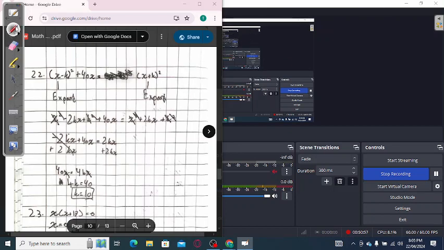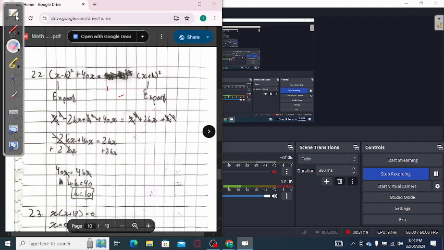Now you set this equal to this, since the question gave you that this should result in this. So we expand as I said, and you expand for both of them.